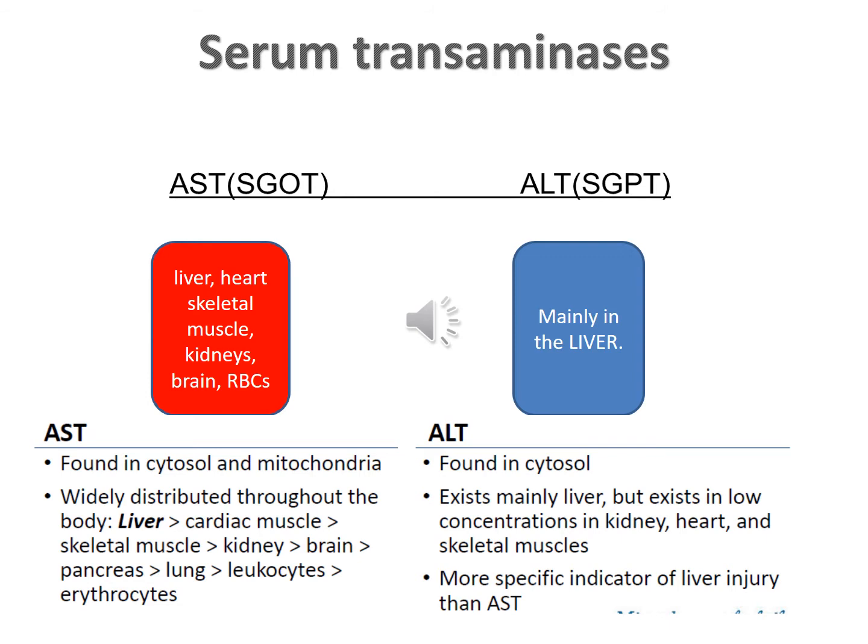On the other hand, the ALT or GPT is only cytosolic, in the cytoplasm, and mainly in the liver cell. It exists mainly in the liver, but exists in low concentrations in the kidney, heart, and skeletal muscles. That's why it is a more specific indicator of liver injury than AST.